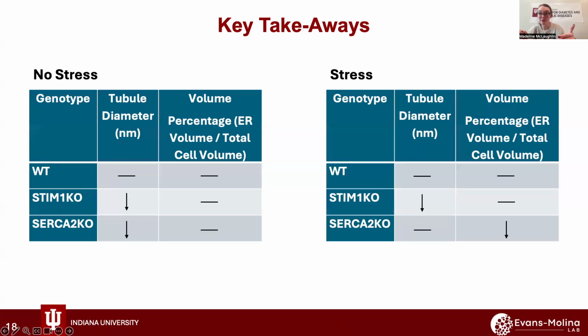And when we stress those cells, again comparing to wild type as the baseline, there was a significant decrease in ER volume in SERCA2 knockout INS1 cells and a significant decrease in ER tubule diameter in the STIM1 knockout INS1 cells. And when we looked at the peripheral region, there was a significant decrease in tubule diameter in the STIM1 knockout INS1 cells, suggesting the importance of STIM1 in the periphery during store-operated calcium entry activation upon ER calcium depletion, especially in the state of stress.